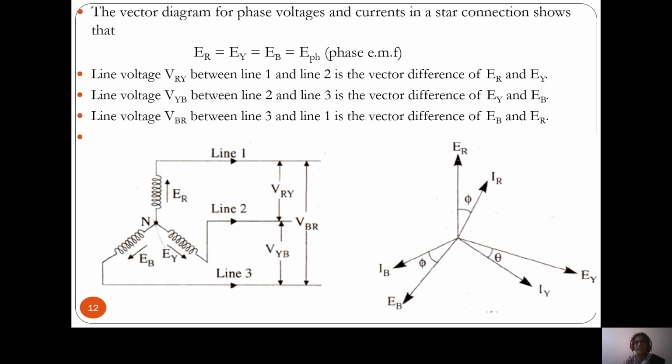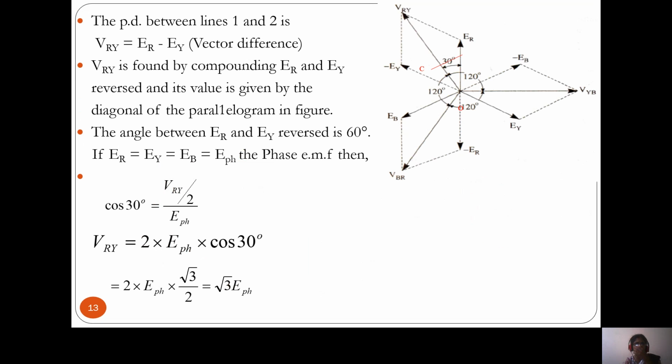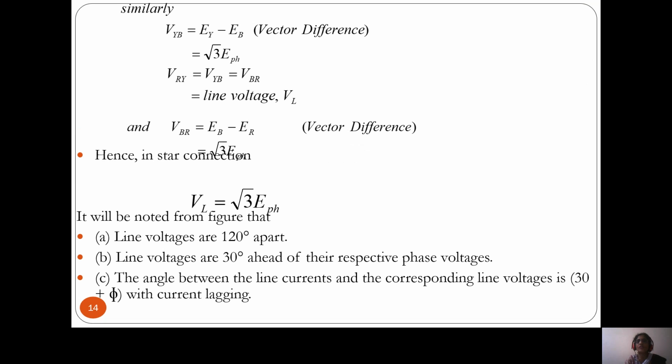Line current is equal to phase current because when the line current is IR, the phase current will be IR, since it is in series. So in star connection, line current is equal to phase current, but line voltage is equal to √3 times the phase voltage. Similarly, VYB is equal to EY minus EB, that is √3 into E phase.